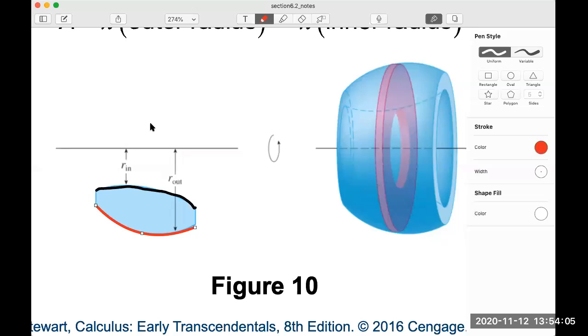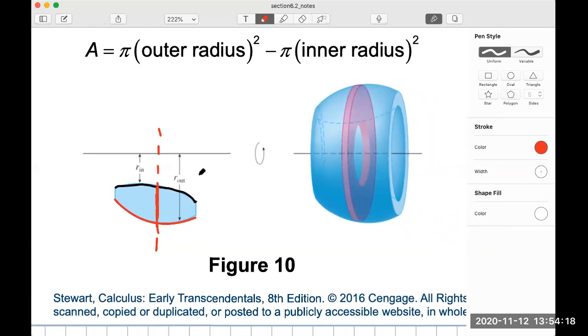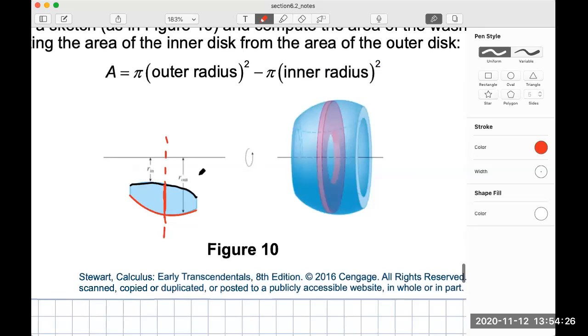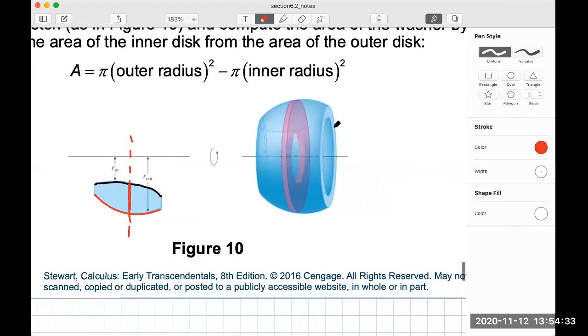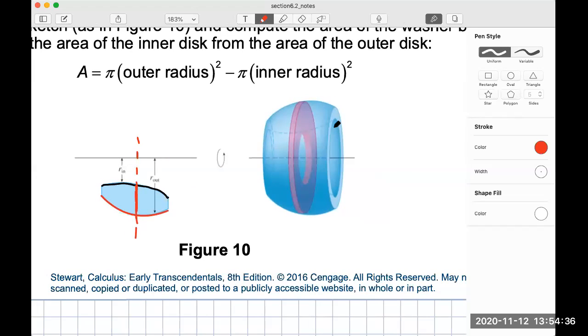Then at each intersection, the area will be this, right? From here to here. And then if you rotate this about the x-axis, it will give us the volume of this, right? In a finite change of dx, very small dx, it gives us the red area here, right?